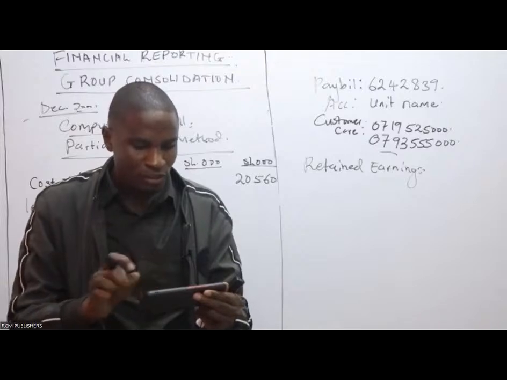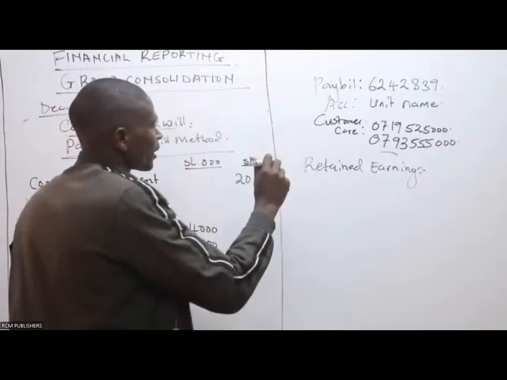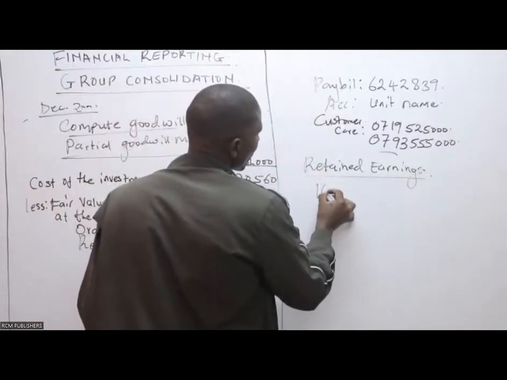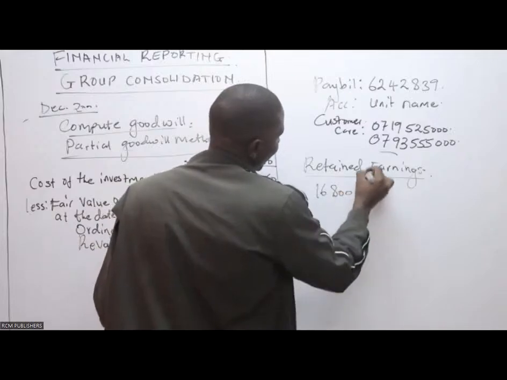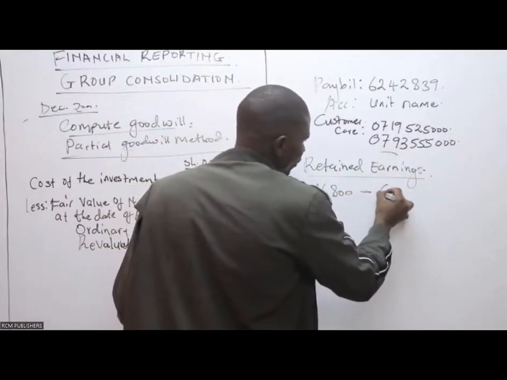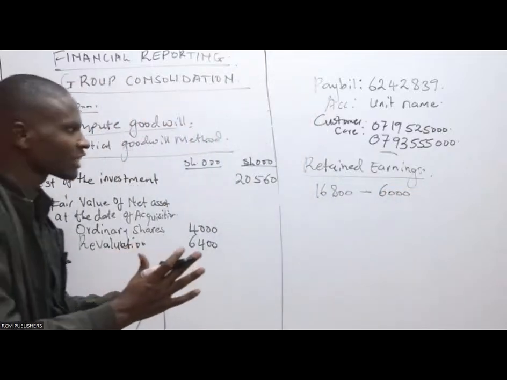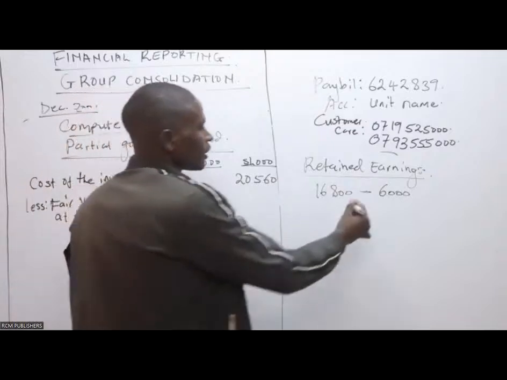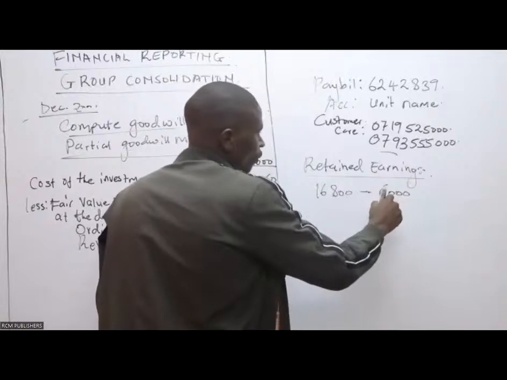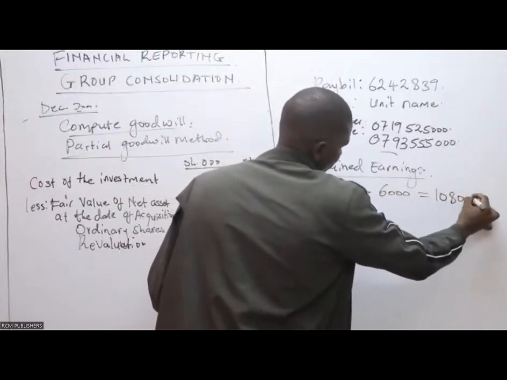Yes, thank you very much, David, for understanding. So I have retained earnings of 16,800. Lakini nikona profit for the year for this company was 6,000. So nitakuwa nimebakisha ngapi? Nikitoa hii kwa sababu I have also produced 6,000 as the profit, I'll be having 10,800.